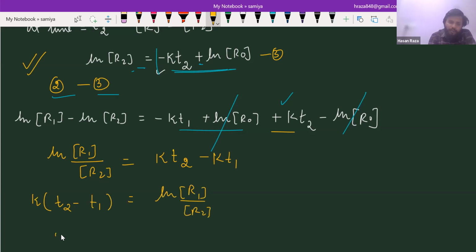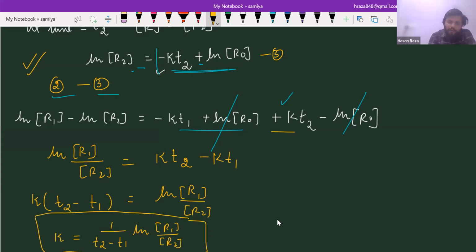If I calculate the value of k, it will be 1 upon t2 minus t1 times ln R1 upon R2. So this is the formula in terms of ln. If I want to change it to log, it can be easily changed. There will be multiplication of 2.303 upon t2, final time, minus t1, initial time, and then log to the base 10 of R1 upon R2. This is the final formula.